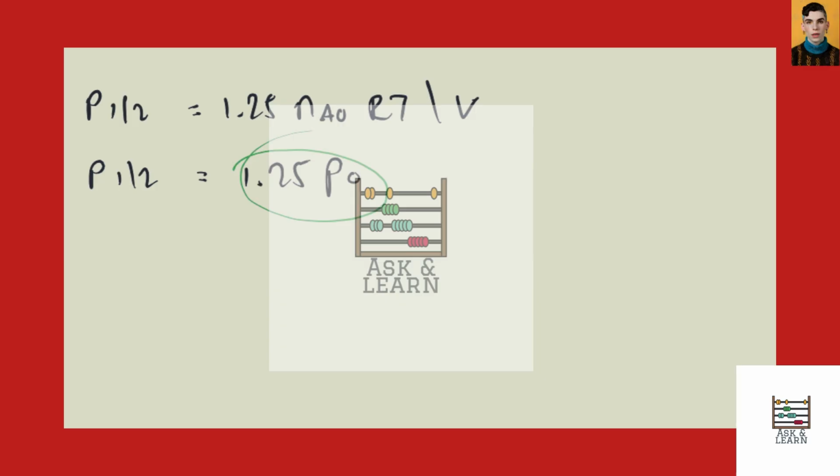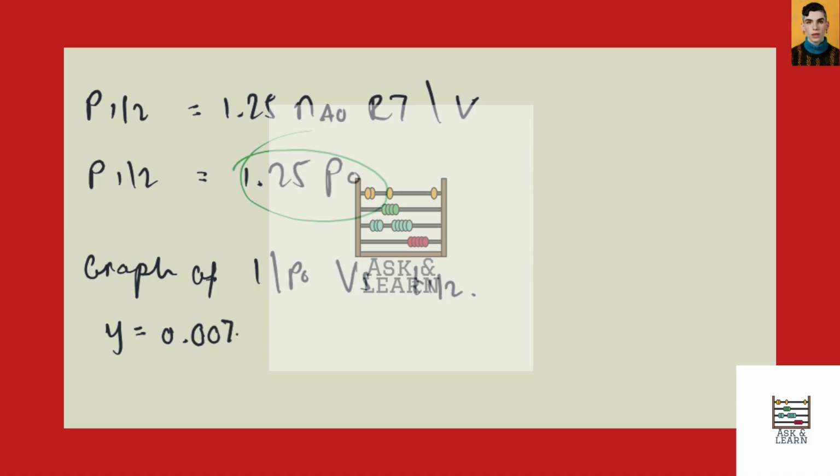So following this, we can plot the graph of 1 over P0 versus T1/2. We get a straight line equation of y is equal to 0.007x add 0.003.